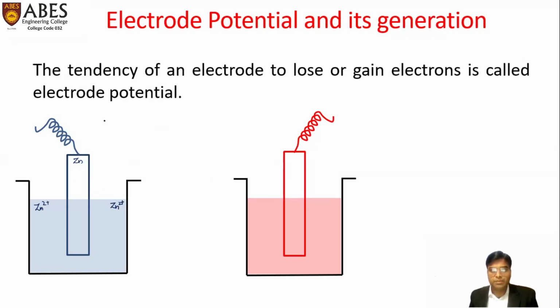Now this zinc rod may undergo oxidation by losing some electrons, and it forms Zn2+ ions. So the Zn2+ ions generated from the metal rod through oxidation ultimately go into the solution, leaving behind the electrons on the metal.